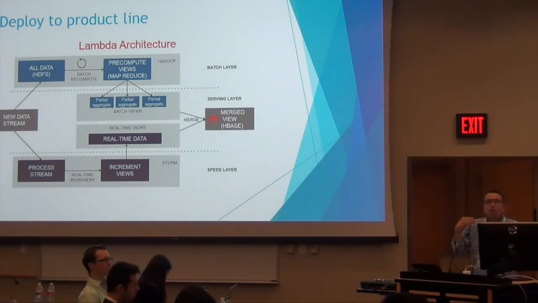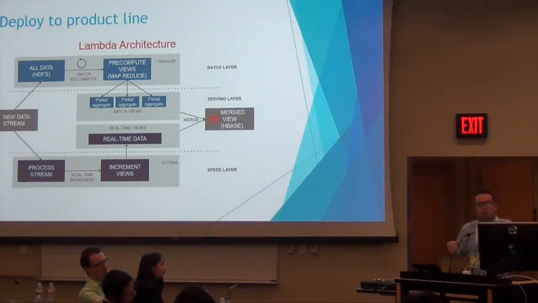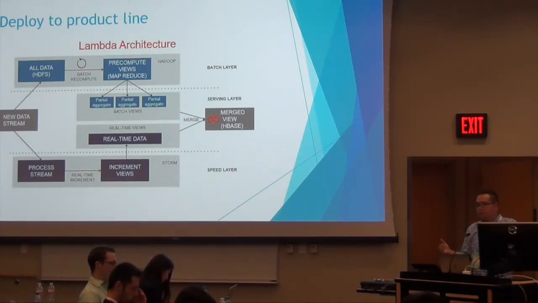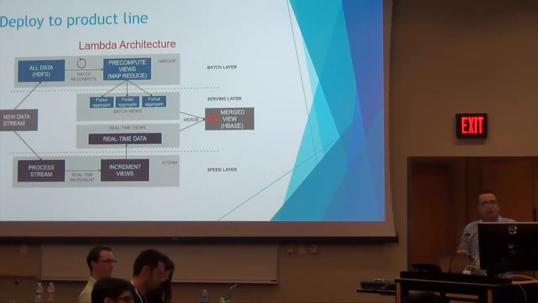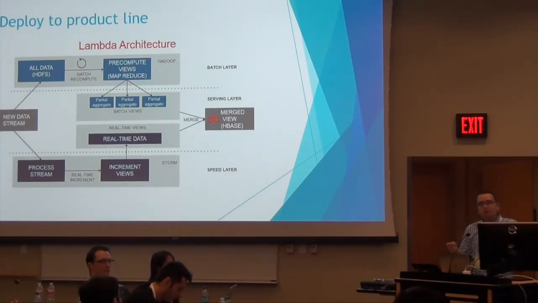So after we build the models, finally we want to put them into production, right? At this point, you have to learn something about Lambda architecture. That's the architecture used in a lot of companies that build large-scale data applications.